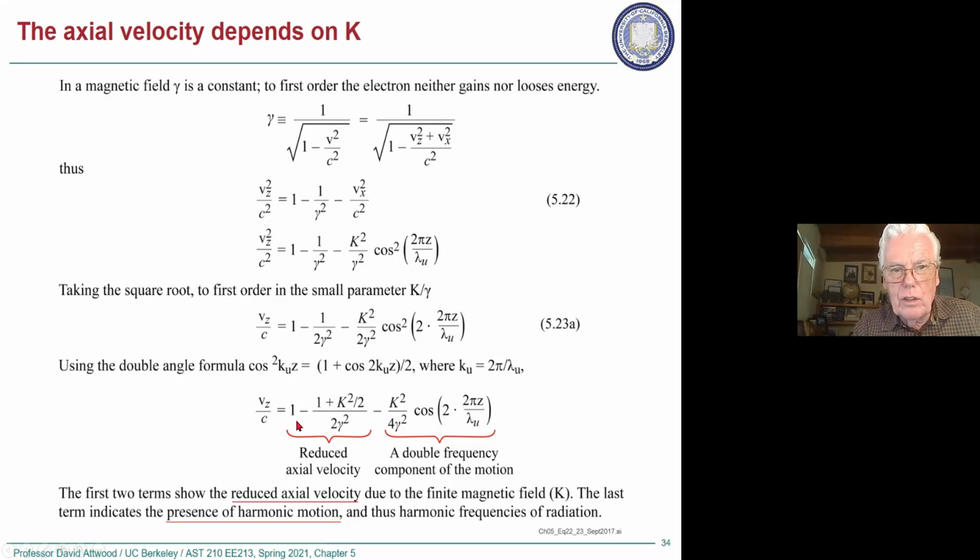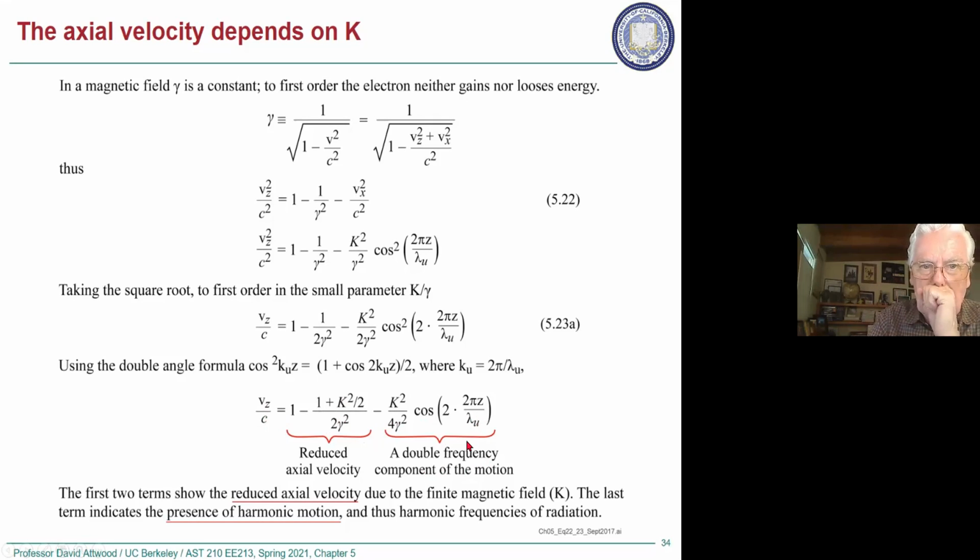So vz is not only a little less than c because of the gamma squared, it's slowed down even further by k. So there's a general slowing down, but there's also a double frequency that has come into this game. And a question is, where is this double frequency coming from?